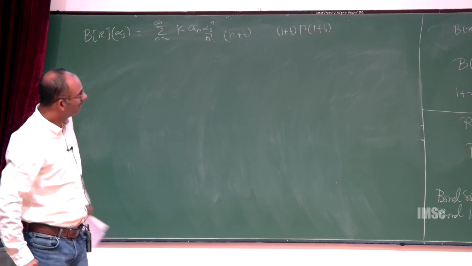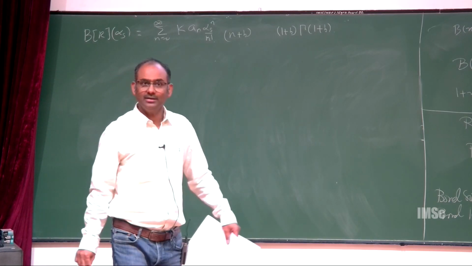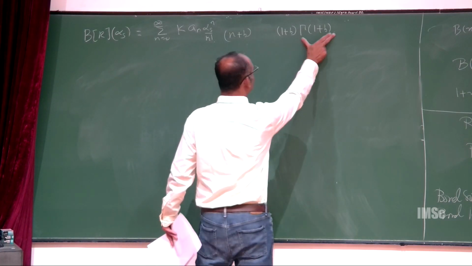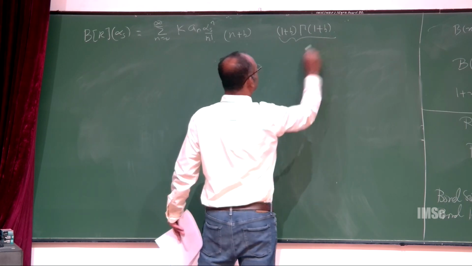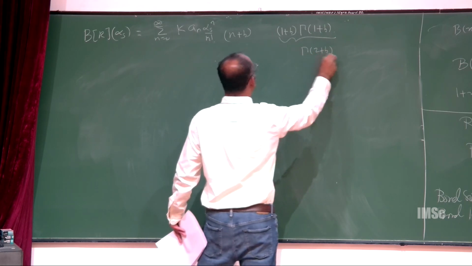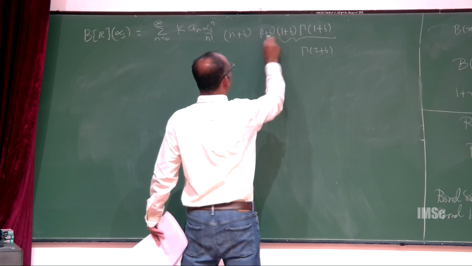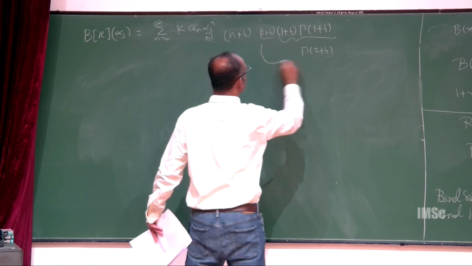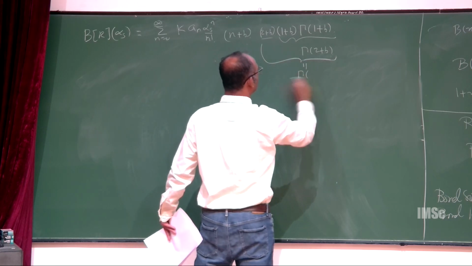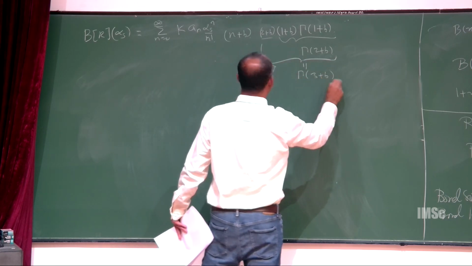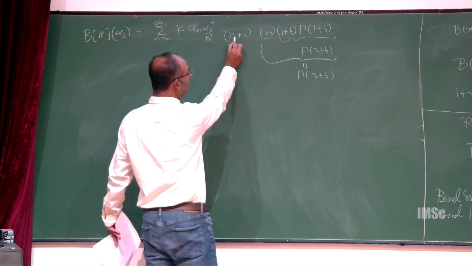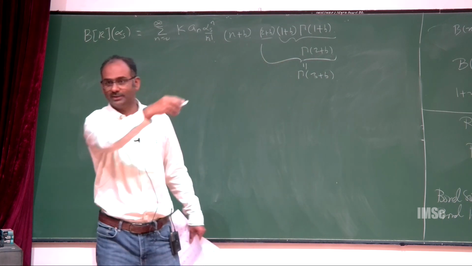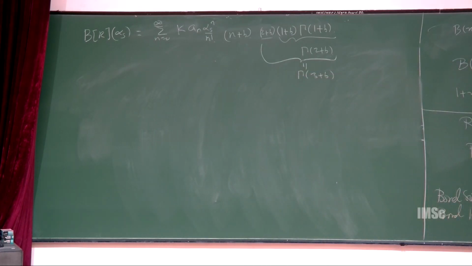So that gives you gamma n plus 1 plus b. Is that okay? So gamma 1 plus b times 1 plus b is gamma 2 plus b. Let's multiply one more factor. Then gamma 2 plus b times 2 plus b is gamma 3 plus b. If you continue like this up to n plus b, you will get gamma n plus 1 plus b. That's what you have here.